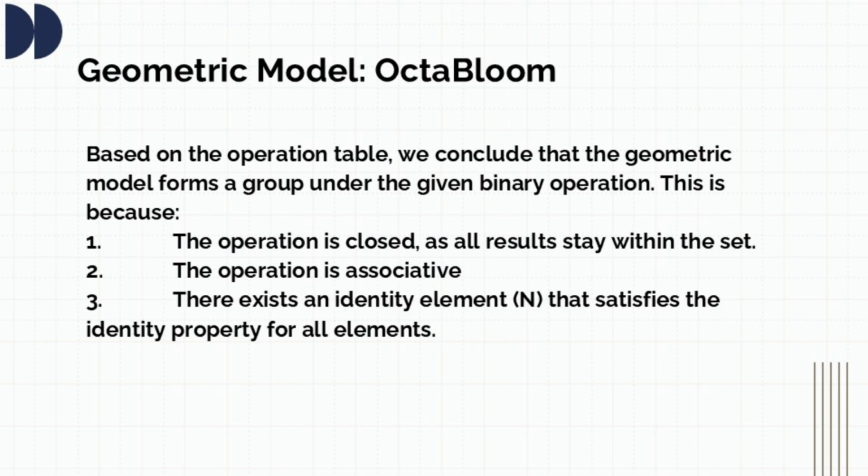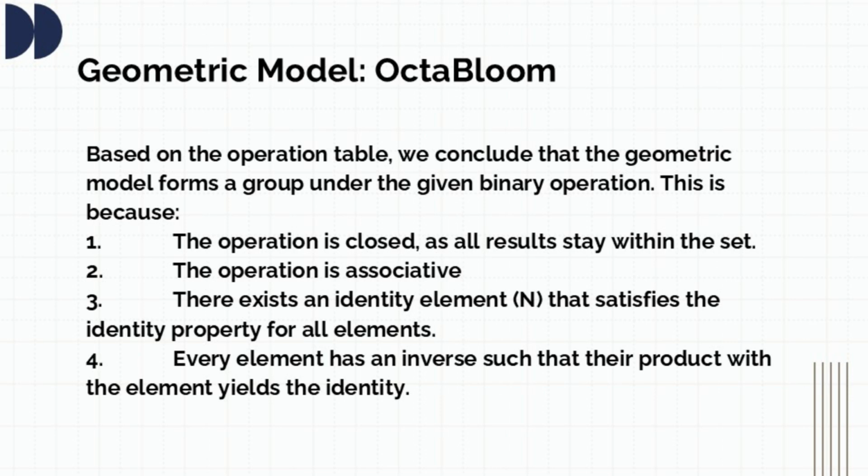There exists an identity element n that satisfies the identity property for all elements. And lastly, every element has an inverse such that their product with the element yields the identity. Therefore, all group axioms are satisfied, confirming that the structure is indeed a group.